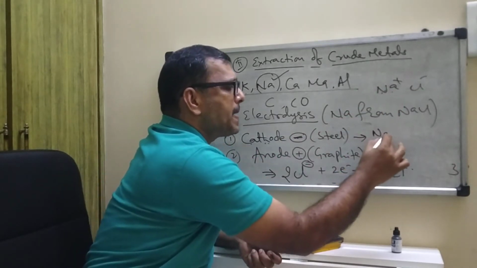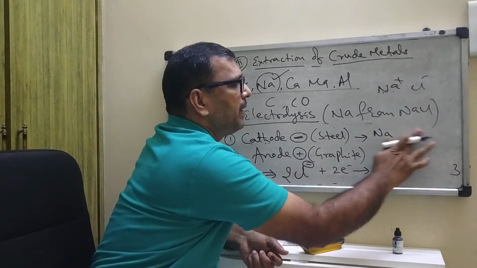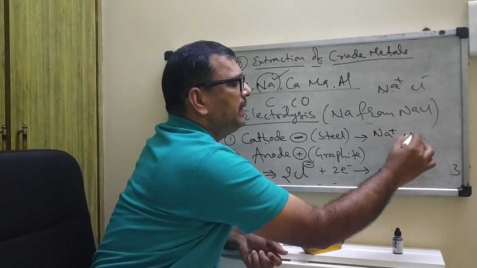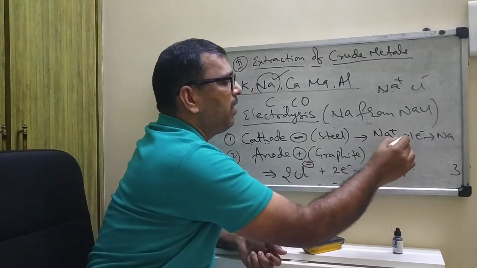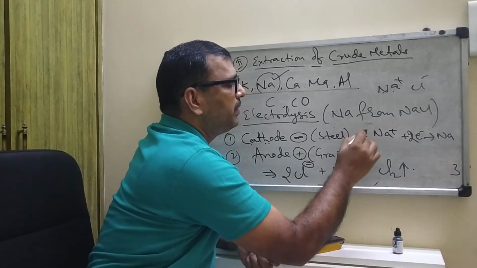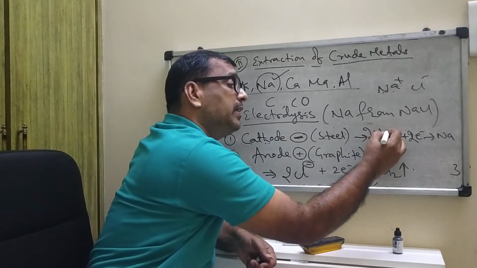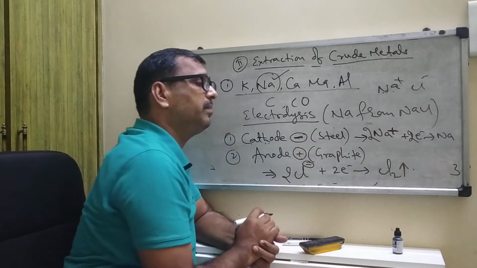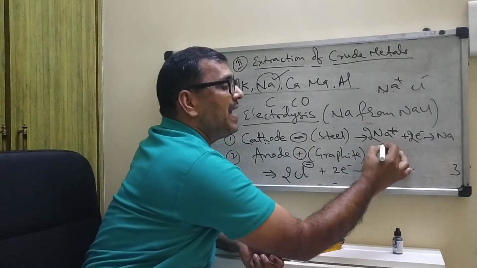So Na plus gains an electron to form Na. If two electrons are required, you take 2 sodium. The positively charged ion attracted by the negative electrode is called a cation.